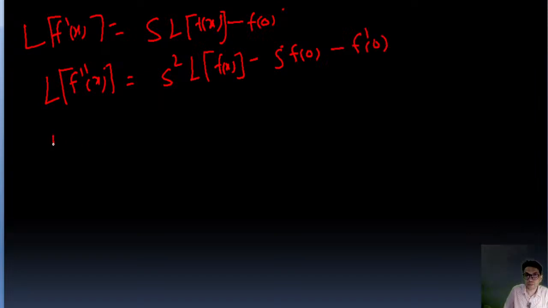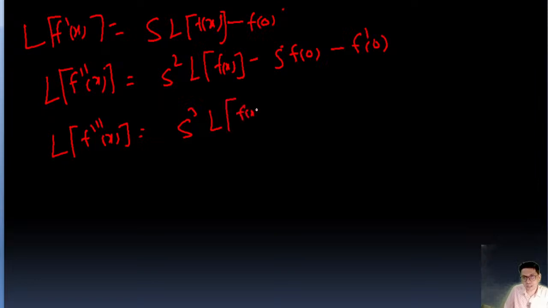Similarly, the Laplace transform of f triple dash x is going to be s cube times the Laplace transform of f(x) minus s square f(0) minus s f dash 0 minus f double dash 0.